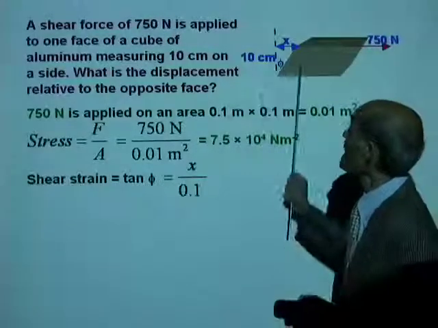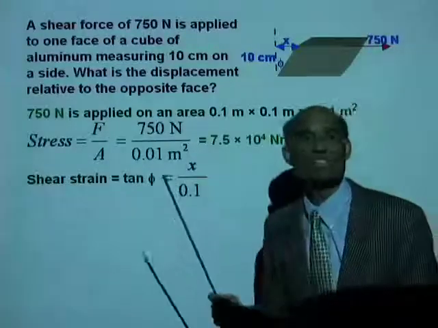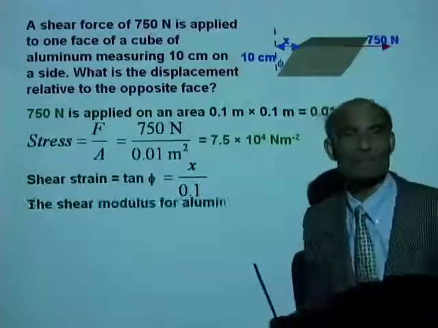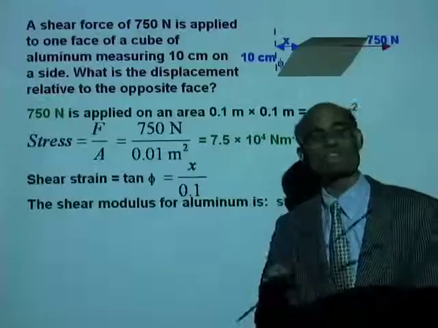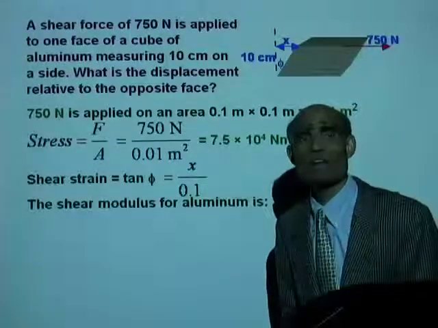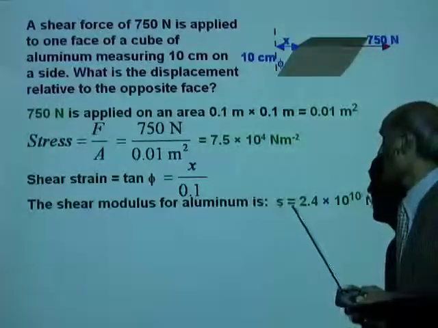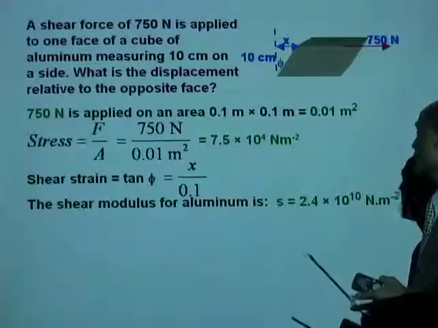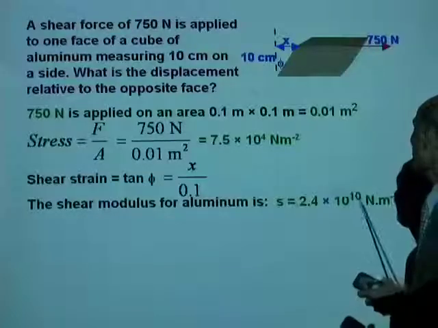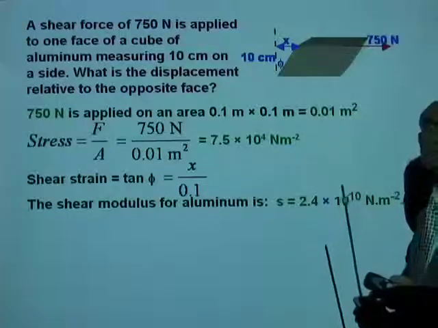Well, this is aluminum, and what is the shear modulus of aluminum? Can you look back on the table and get the value of the shear modulus of aluminum? You have S equal to 2.4 times 10 to the 10 Newton per meter squared.